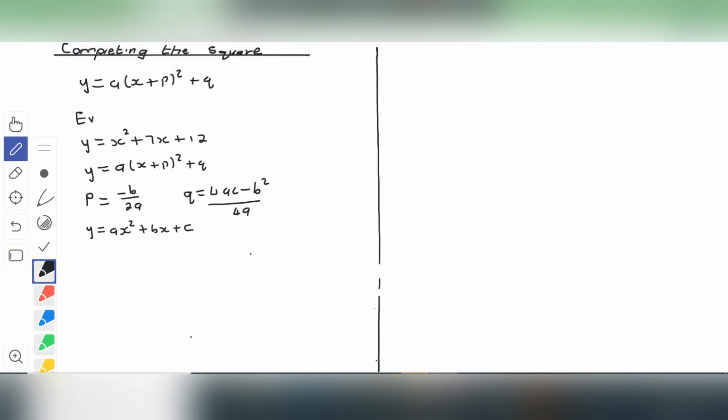And c is the constant number, which from the given equation is 12.